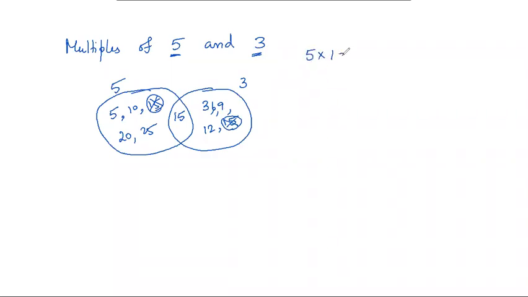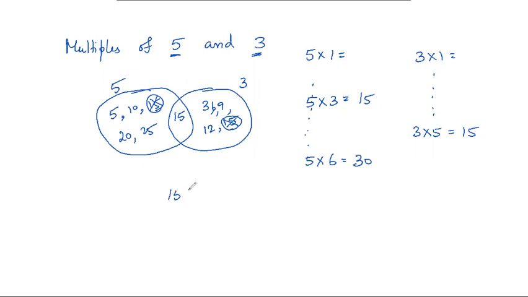In the 5 table, when you proceed, 5 3 times is what? 15. Same way, in the 3 table, when you proceed, 3 5 times is 15. Correct? Again, when you are proceeding, 5 6 times you will get 30. 30 is nothing but 15 2 times. Correct? Same way, when you proceed here, 3 10 times you get 30.